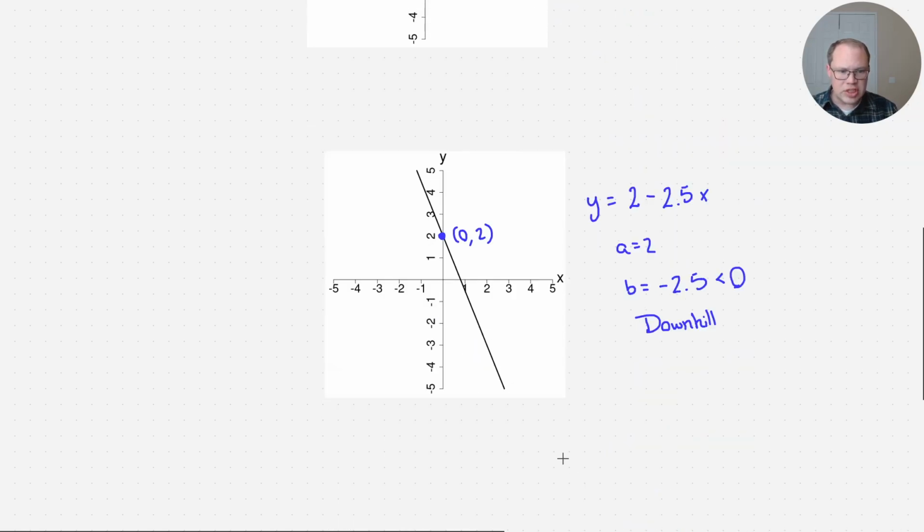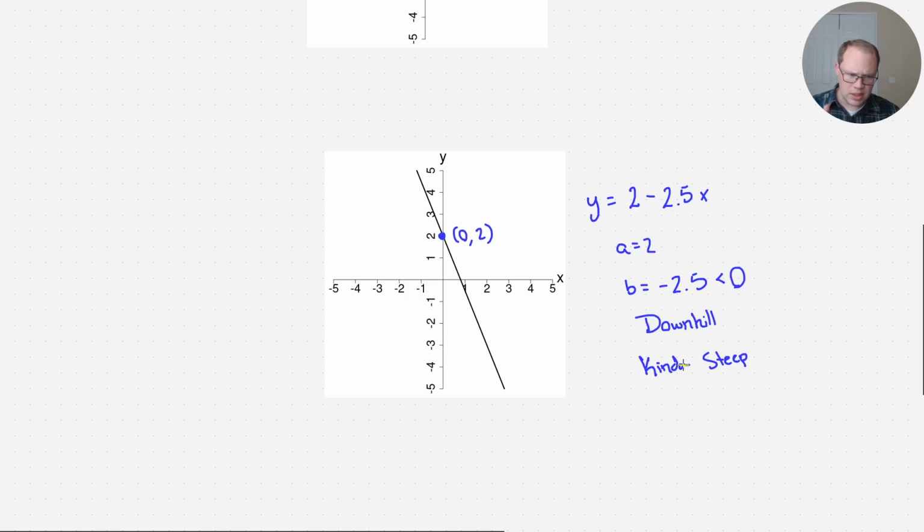This line's much steeper because we have a much bigger number. 2.5 is bigger than 1, so kind of steep. The bigger the number is, the steeper it gets. The smaller the number is, the less steep it will get.